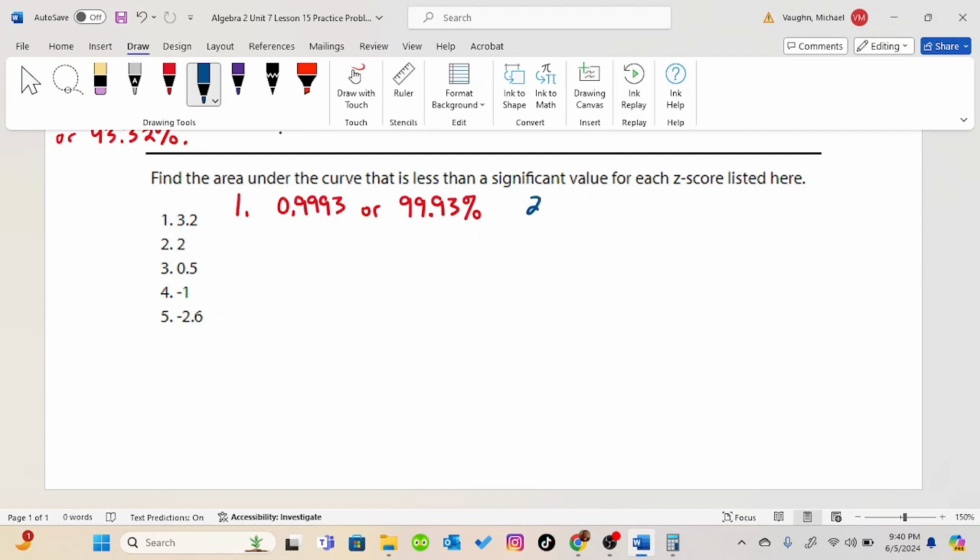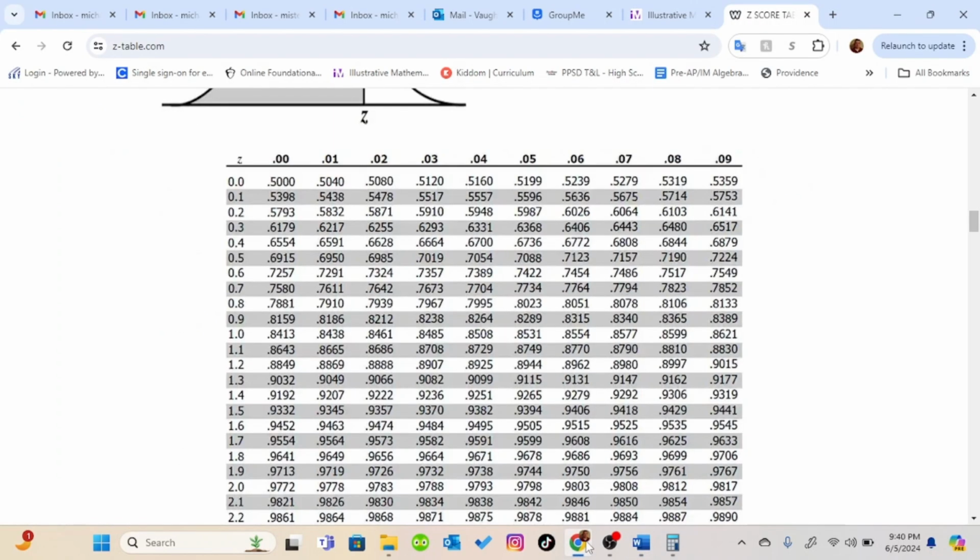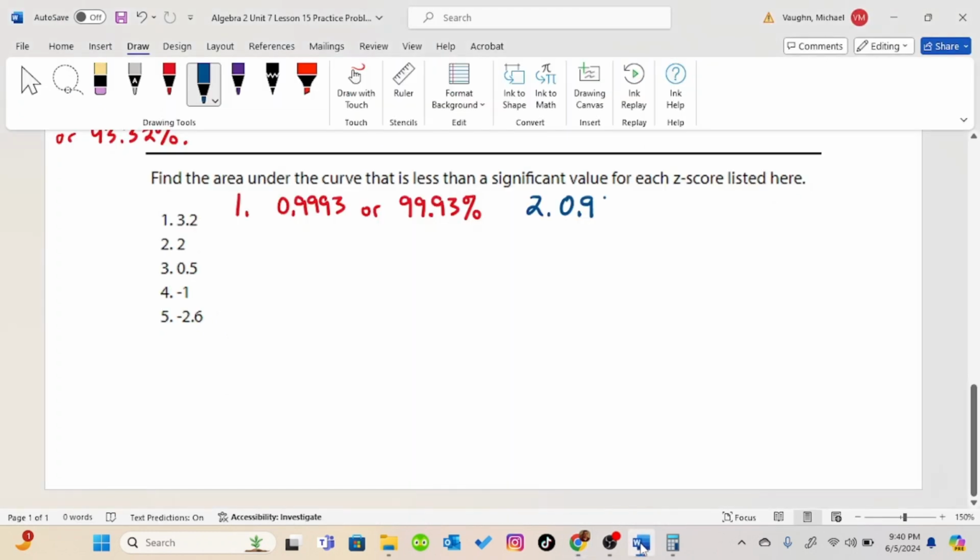So for number 2, we have 0.9772, or 97.72% of the area under the curve is less than a z-score of 2.